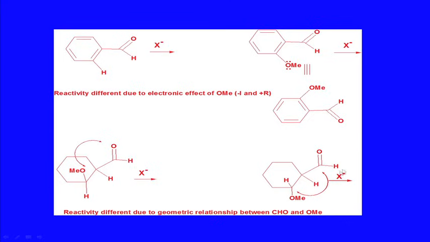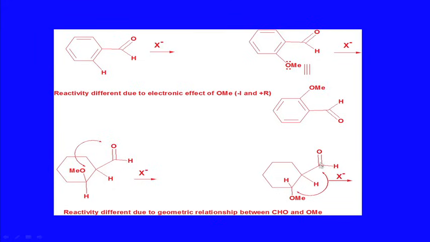And because of this geometrical relationship, now the reactivity of these carbonyls will be different, and this difference comes as a result of the different geometrical relationship between the methoxy and the aldehyde. In the earlier case, again I repeat, this methoxy is exerting electronic effects compared to the hydrogen, and that is the reason for the difference in reactivity.